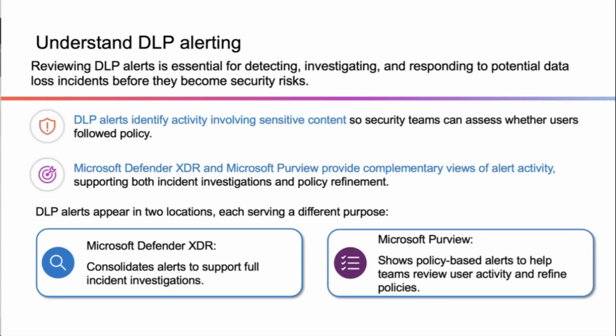The DLP alerting piece, as you can see on this slide, feeds into two places. Purview, obviously, because that's where we set these things up and put the policies in place, but also Defender, because that then helps us to go from something happening in Purview that's spotted, an alert, which then goes through to be an incident in Defender.